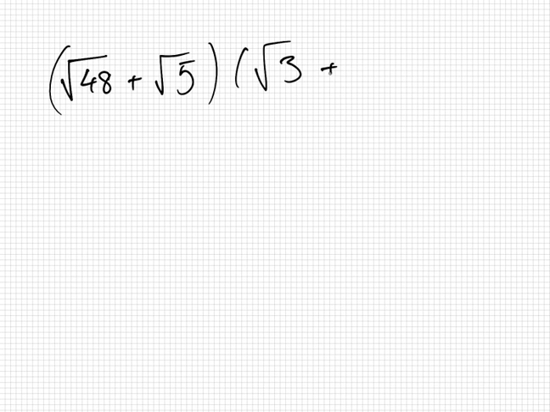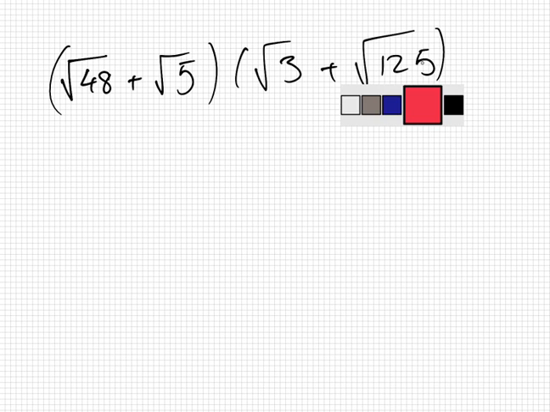So next type, I'll do a difficult looking one, like this one here: square root 48 plus square root 5, times square root 3 plus square root 125. Focus here.